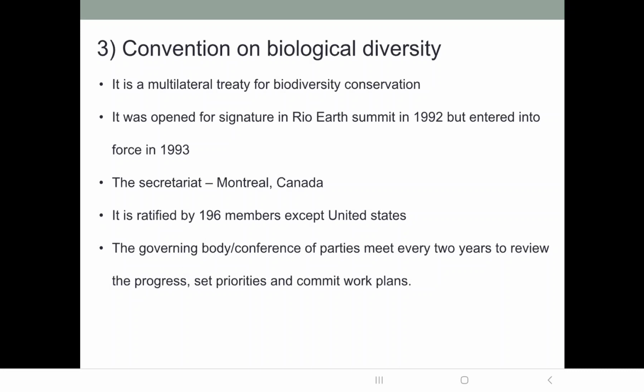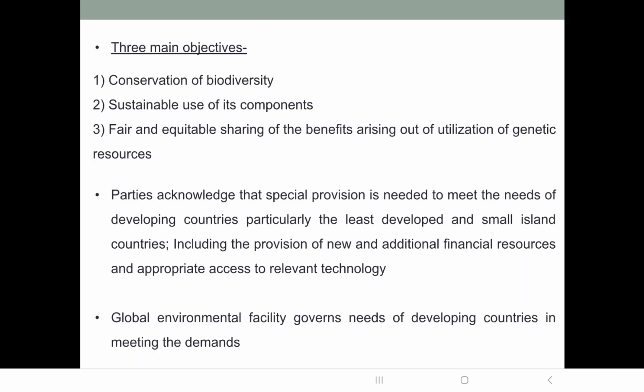There are three main objectives of this convention. The first is conservation of biological diversity. Second, sustainable use of its components. Sustainable use means the components of biodiversity have to be used today in such a manner that they will be available for use in the future.